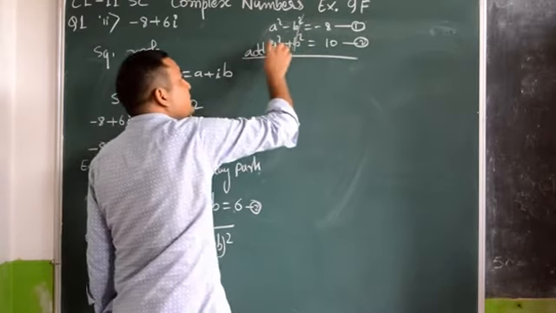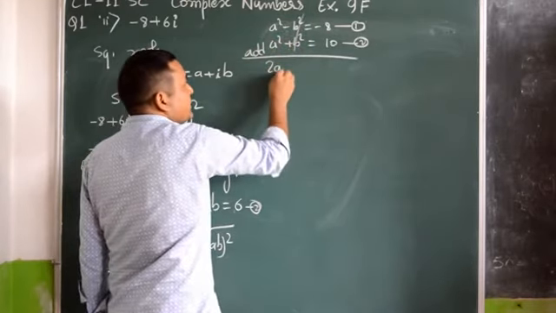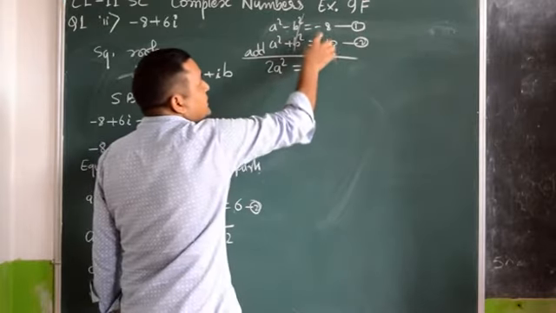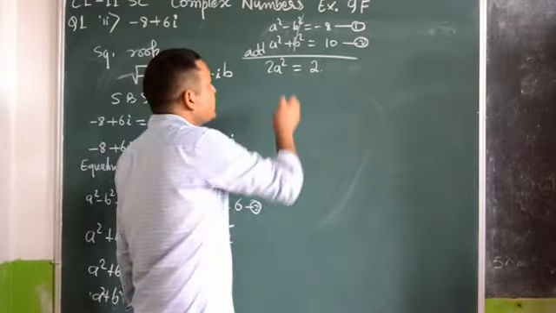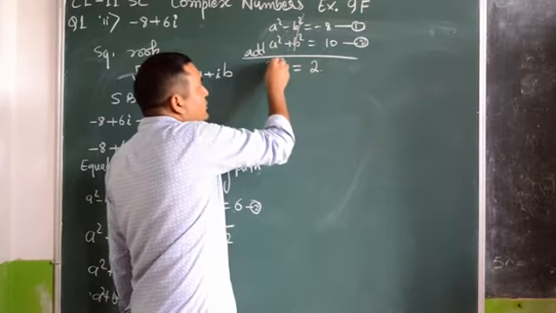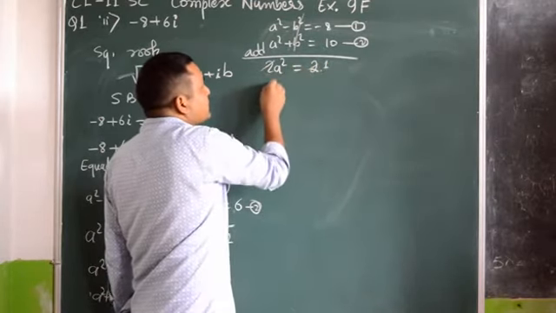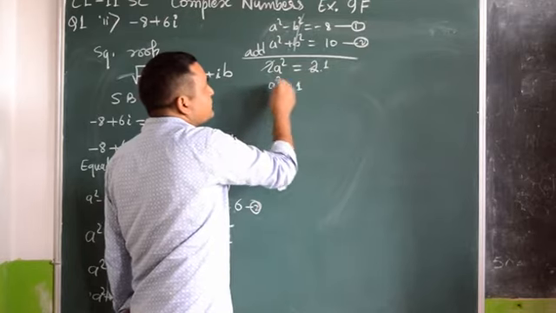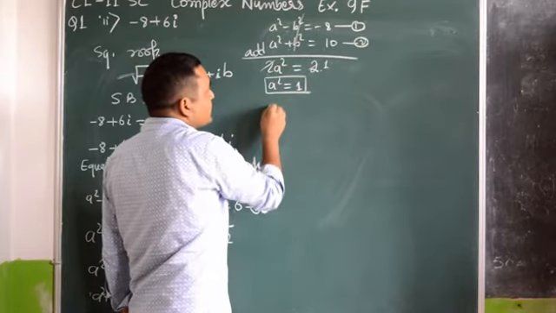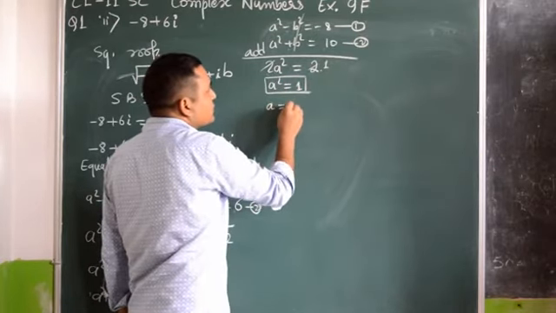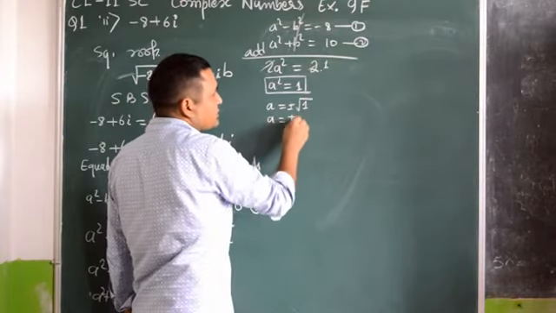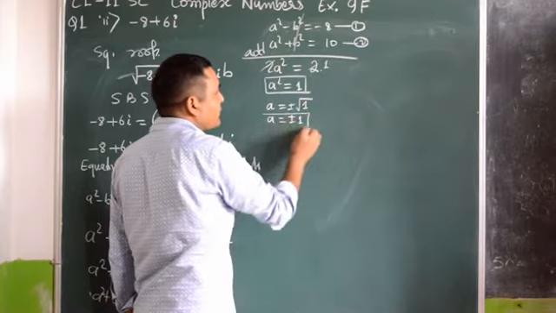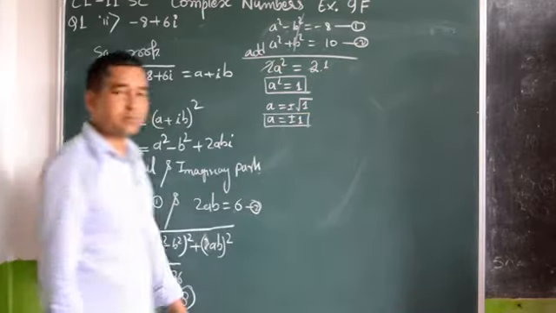Their sum is 0. a square plus a square is 2a square equals minus 8 plus 10 is 2. Then 2 ones are 2. That means a square equals 1, or a equals plus minus square root of 1. That means a equals plus minus 1.